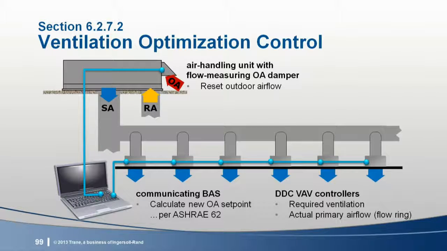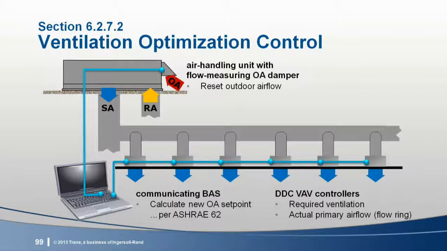Remember, the critical ventilation zone needs the richest mixture of outdoor air in its primary airstream. In a properly designed system, all non-critical zones get excess outdoor air at design conditions. At any part load conditions, if design intake airflow is maintained, all zones, including the critical zone, are overventilated.